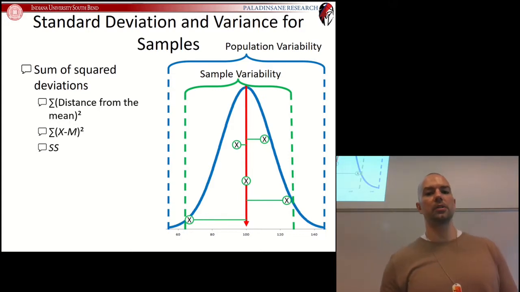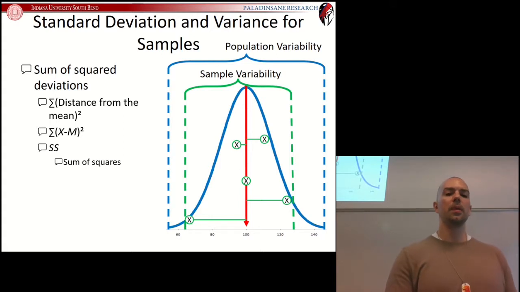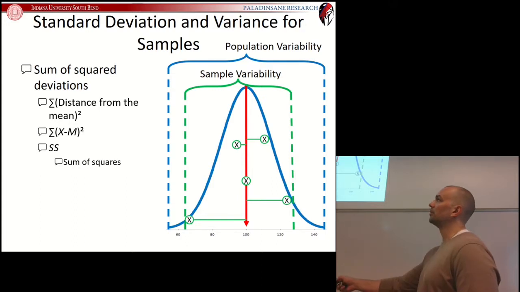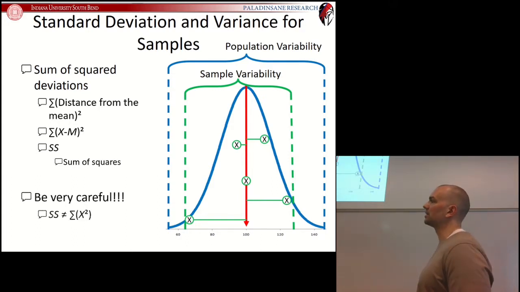SS stands for sum of squared deviations, but you'll see people talking about sum of squares. Do not read sum of squares in your own mind, and do not say sum of squares out loud. I will continue to refer to this as sum of squared deviations because that is the sum of squares, and this is not that. So we've got to be very clear. We're looking at the sum of squared deviations.